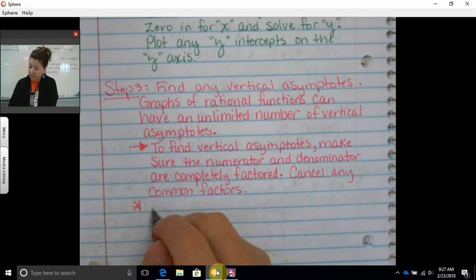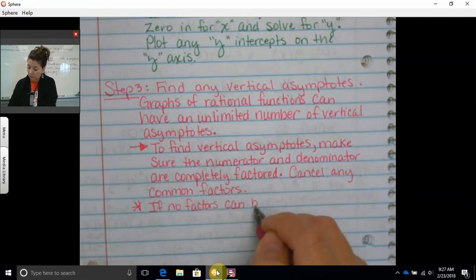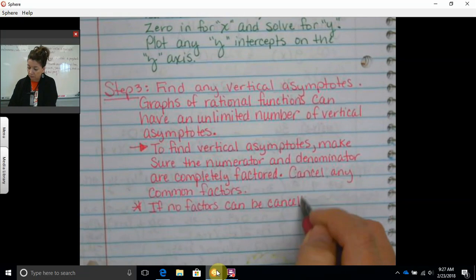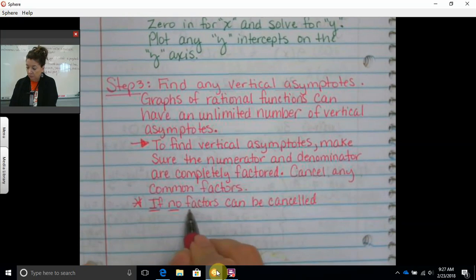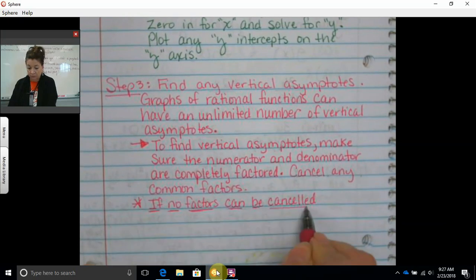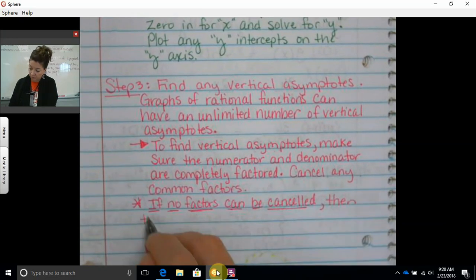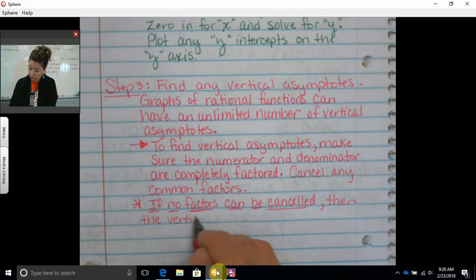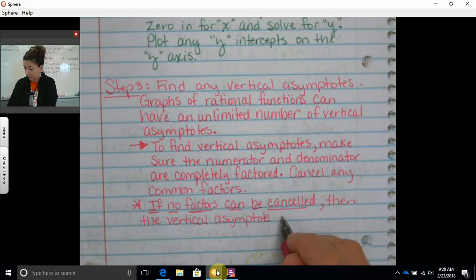If no factors can be canceled, then the vertical asymptote has the same equation as the restriction.